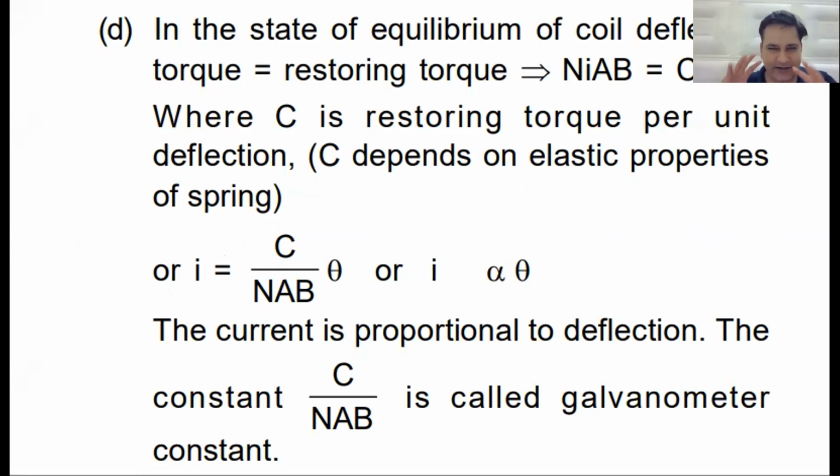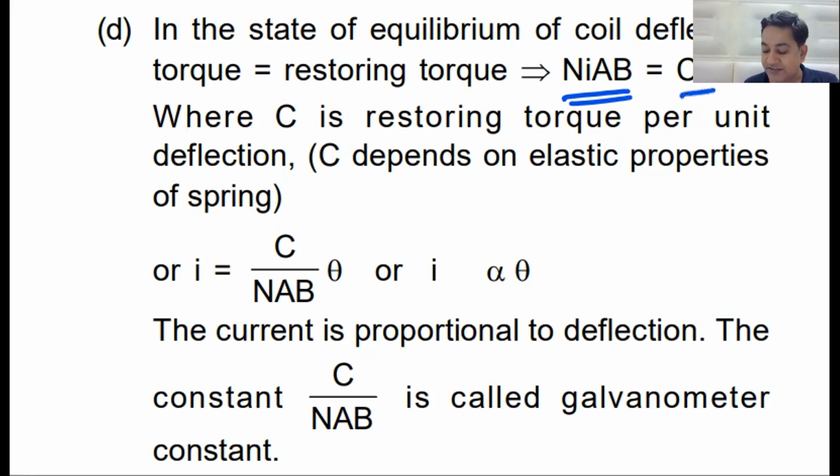It basically works on the principle that if you have a current carrying coil placed in a magnetic field, it will experience a torque. You remember this, yes or no? The torque on this coil is NIAB. Do you know this? A is the area, I the current in the coil, N is the number of turns, B is the magnetic field.